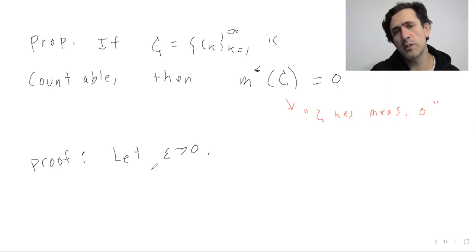The infimum is what the outer measure is. So if we can get that true, then the infimum is less than or equal to epsilon for any epsilon. Hence we're done, because the infimum then will be 0.